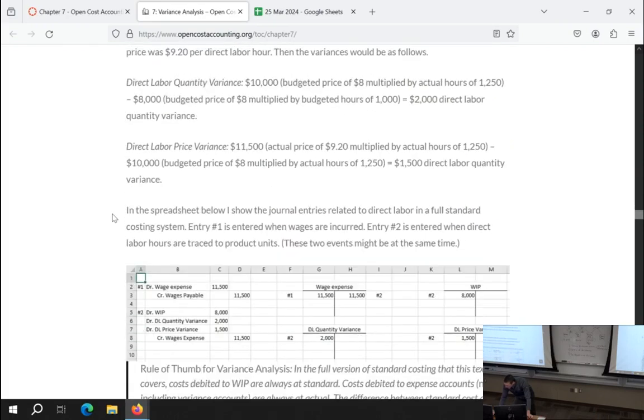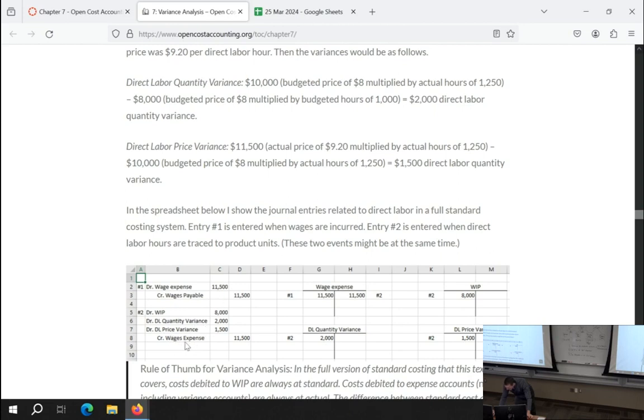Okay, and then the quantity variance. Similarly, if it's an unfavorable variance, it's a debit to the direct labor quantity variance account. So here in this example, we have actual wages of $11,500, and when it happens, we're going to do a wage expense, $11,500, and credit wages payable, $11,500. And here I've used wages expense as a pass-through for this.